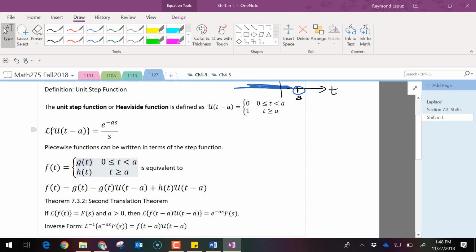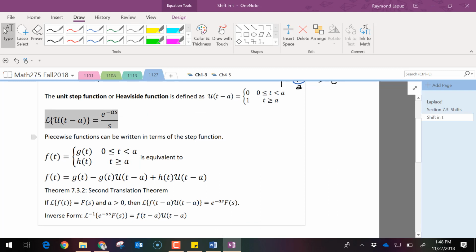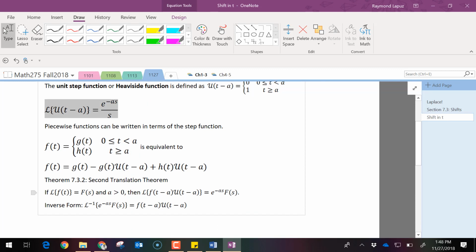And so more generally, this is just the Laplace transform for the unit step function. But if you have a unit step function that's being multiplied by another function, then your Laplace transform would be e to the negative as times whatever f of s is. Now, if you imagine the original unit step function, this is really the unit step function times 1. And you remember the Laplace transform of 1 is 1 over s.